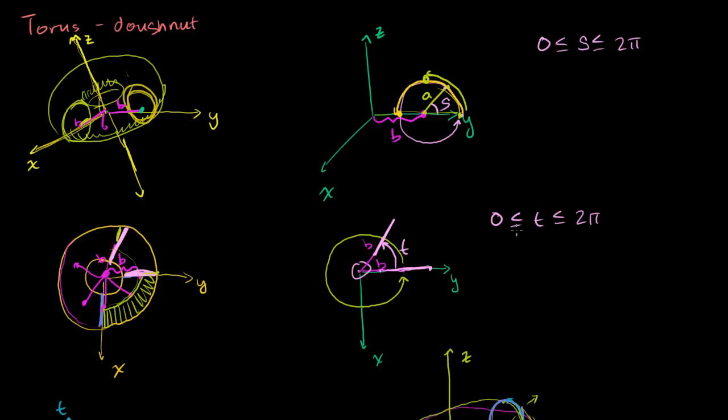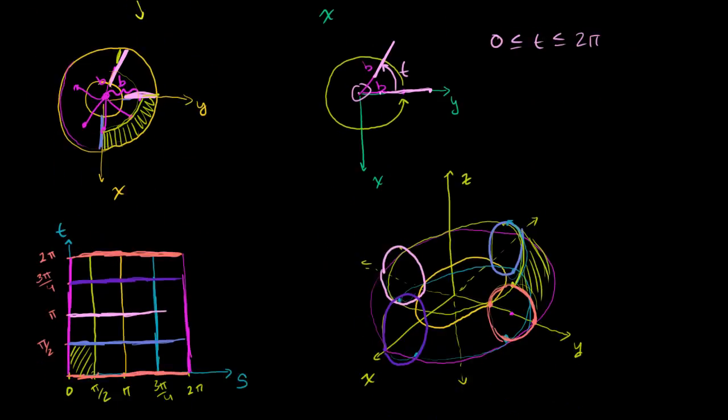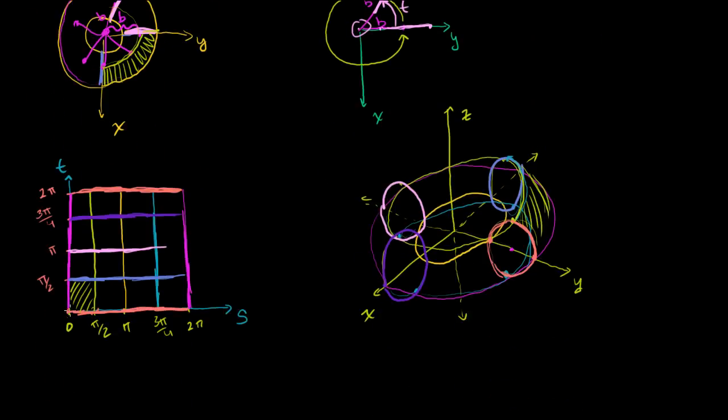Any position in space should be a function of picking a particular t and a particular s. And we saw that over here. This point right there corresponds to that point right there. Let me pick another one. This point right here corresponds to this point right over there.